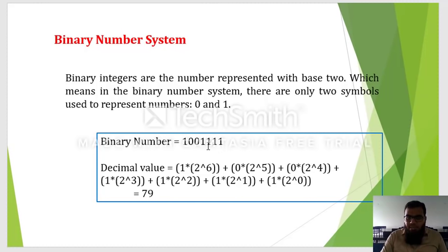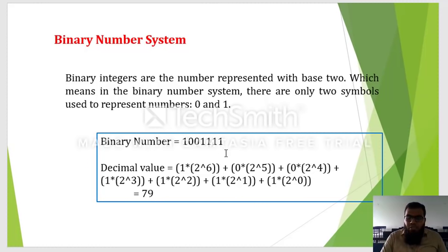The third number is at the place of 2 square, like 2 power 3, 2 power 4, 2 power 5, 2 power 6. This is how the numbers are represented. Why 2 power 0? Because in the binary number system we use only two numbers or two symbols, so that's why we take it as 2 power 0 at the first place.